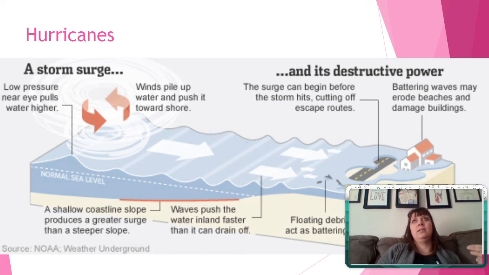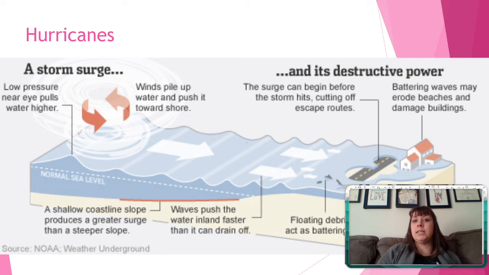They're not usually as tall as tsunamis, but it's causing a lot of flooding. Waves push water inland faster than it can drain back out to the ocean. Surge can happen before the storm hits, which can make it impossible for people to escape.